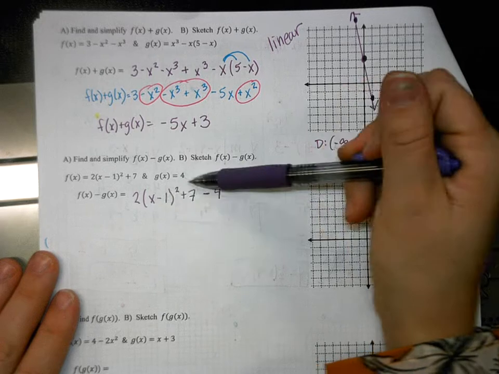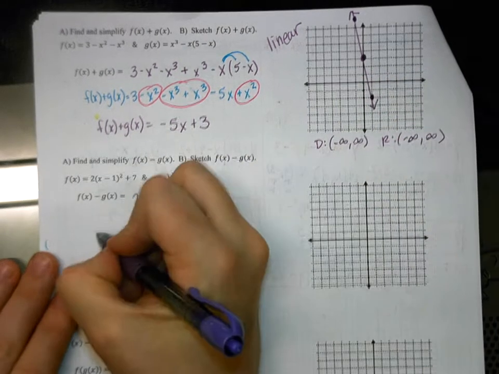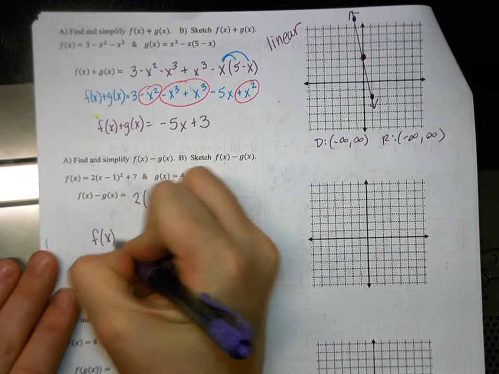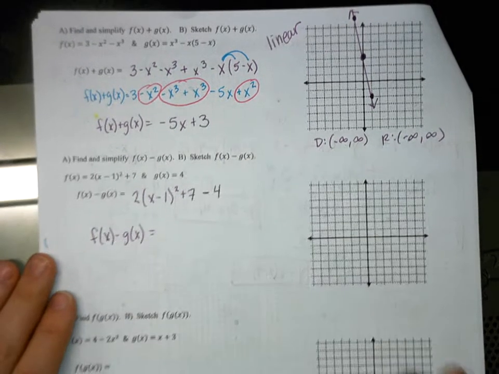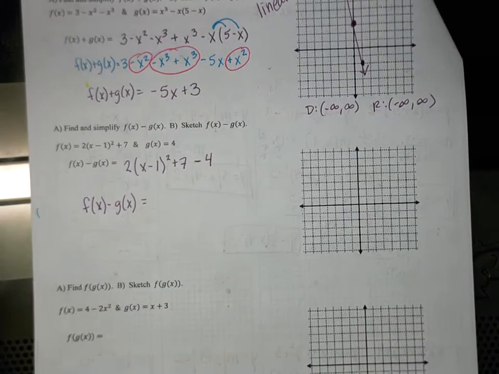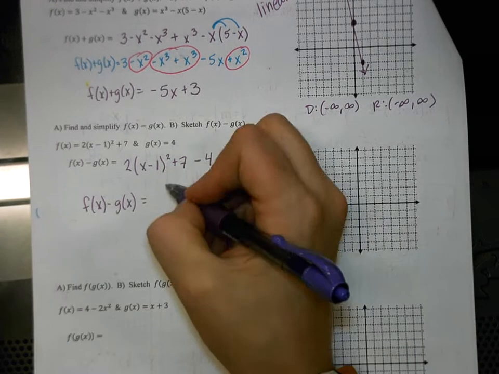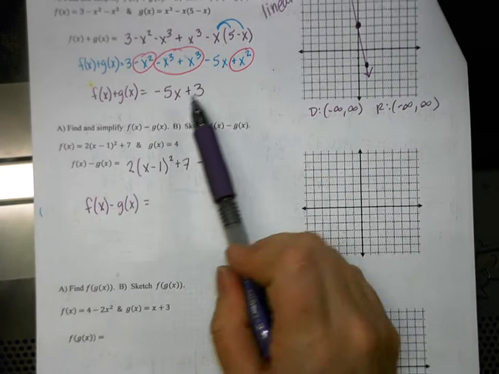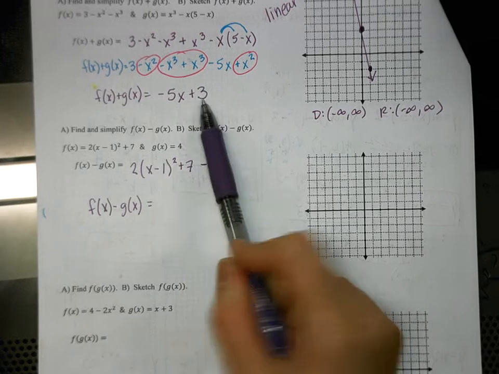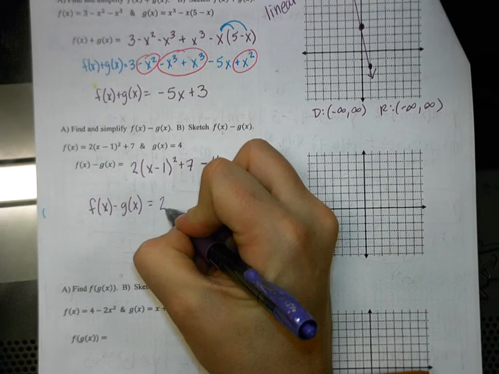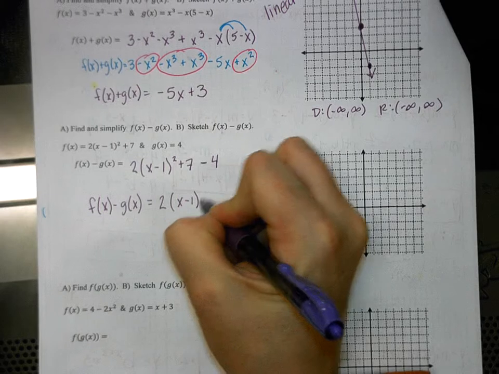But remember, we're going to leave it in vertex form if it's a quadratic, point slope form if it's linear. Y-intercept form is okay if it already was in y-intercept form. Seven minus 4 is 3.